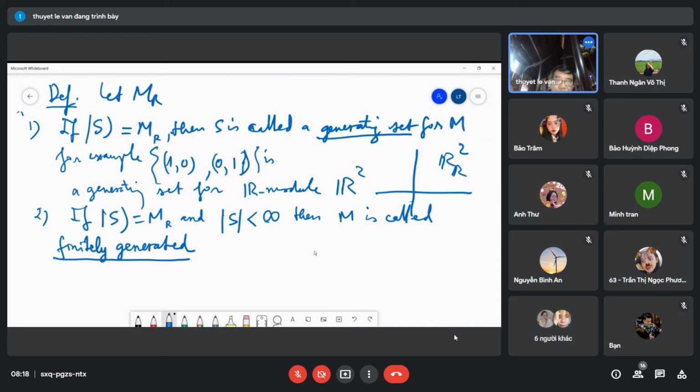Finitely generated means that the generating set is finite. If the S here is infinite, then we do not say that it is finitely generated.